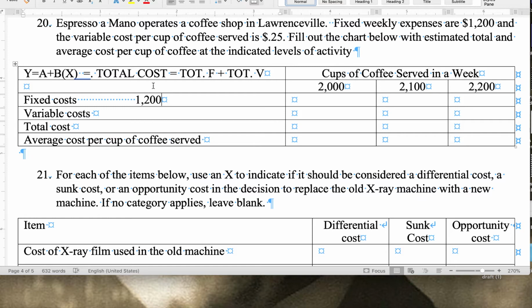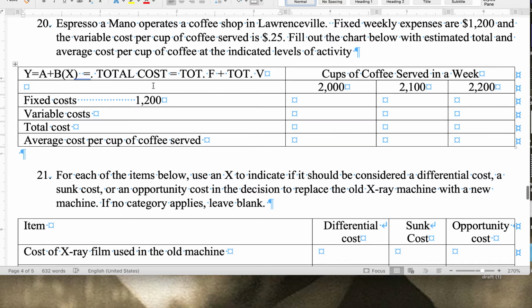So it doesn't matter which activity level we're in, because we're going to assume that the relevant range is from 2,000 to 2,200. So our fixed costs are going to remain constant over these two activity levels. Okay, so I'm just going to plug that in right now.